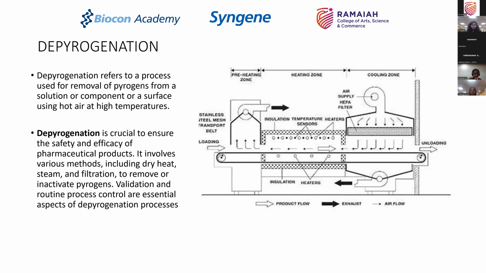Depyrogenation is crucial to the safety and efficacy of pharmaceutical products, because if the pyrogens are present in the product delivered to a patient, then they can develop negative symptoms and complications on an already existing disease.